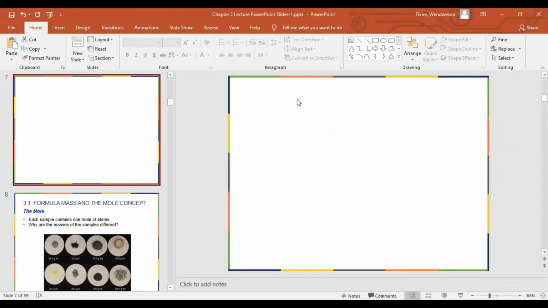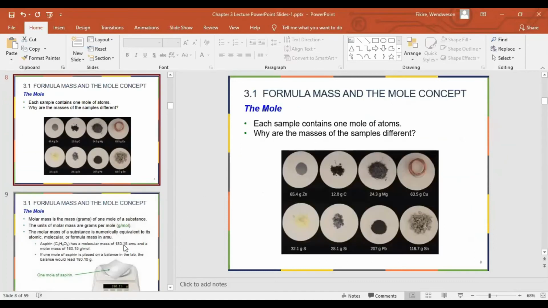Okay. So here we are expanding the knowledge of the idea of moles. Each sample contains 1 mole of atoms. You have different substances here. You have 65.4 grams of zinc, 12.0 grams of carbon, 24.3 grams of magnesium, 63.5 grams of copper, 32.1 grams of sulfur, 28.1 grams of silicon, 207 grams of lead, 118.7 grams of tin.